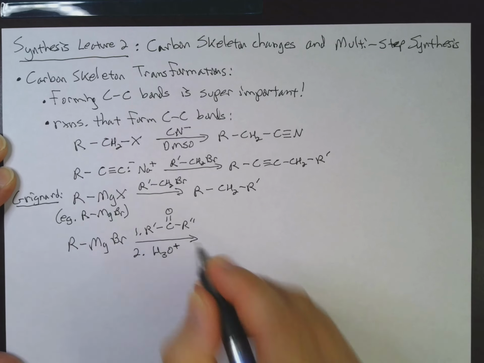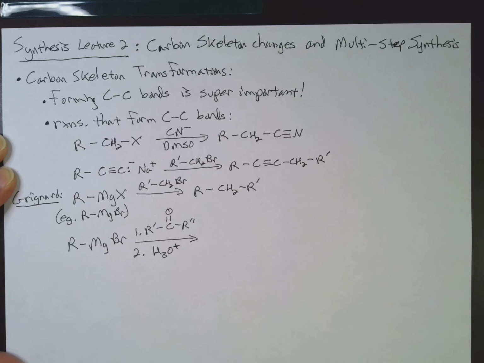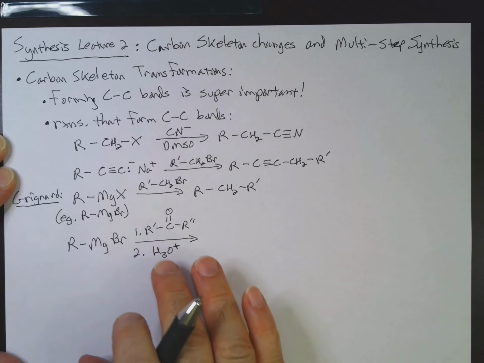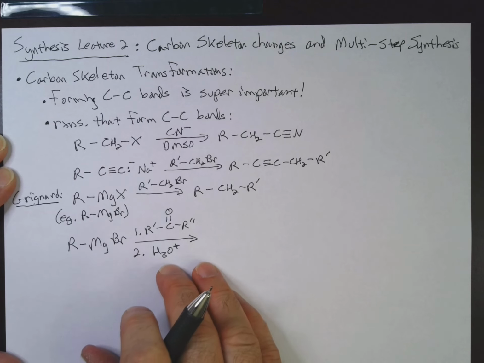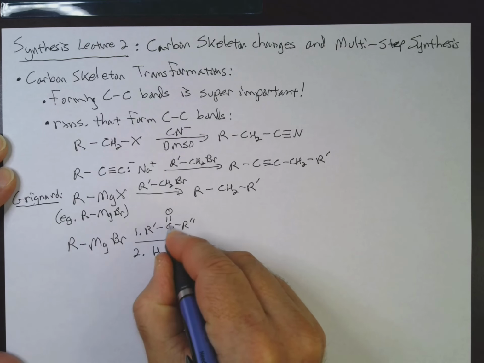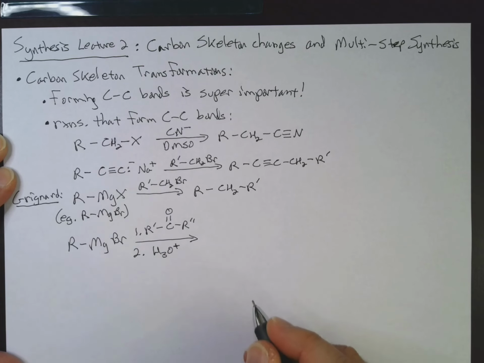This is actually what's called the Grignard reaction. Victor Grignard originally, I think, was working on these types of reactions, but then he discovered this reaction as well. So what happens is the R-Mg bond is polar, but the partial negative charge is on the R, so it functions like a carbanion, and it will attack the electron deficient carbon here.